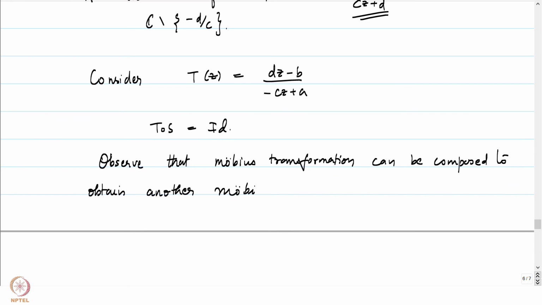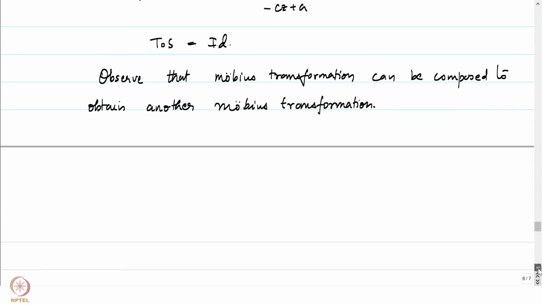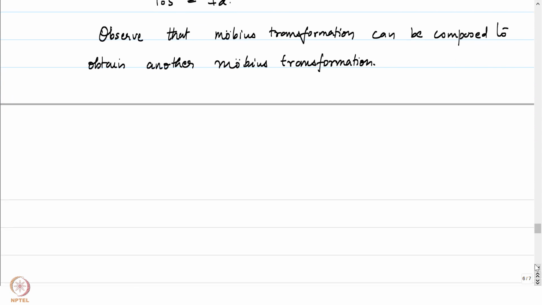So from a very abstract group theoretic point of view, we are in a good setup. The Mobius transformations form a group. We in fact explicitly gave what would be an inverse of a given Mobius transformation. Mobius transformations form a group.